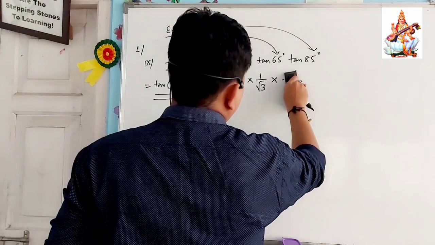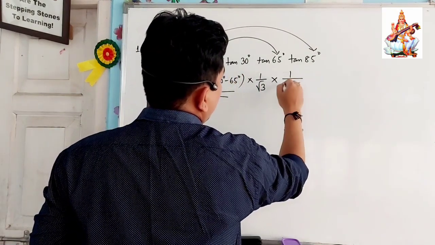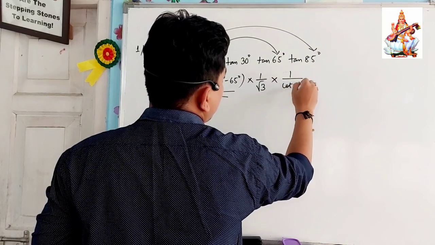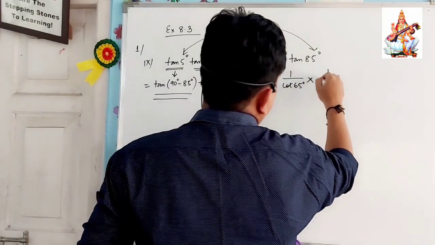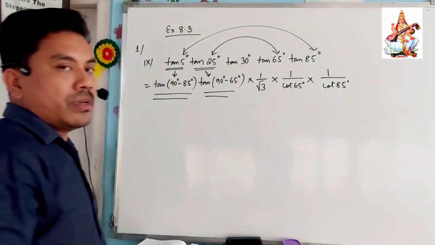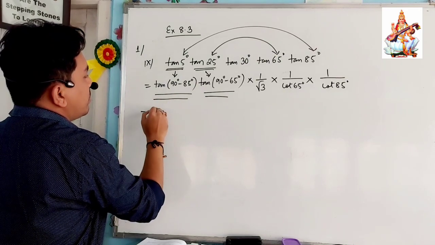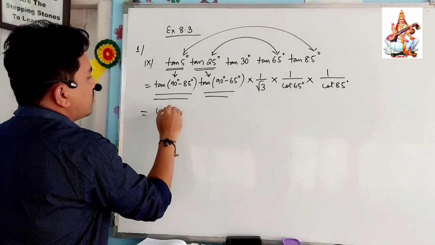Or we can do one thing. In place of tan 65, we can write what? cot 65, 1 by cot 65. And in place of tan 85, we can write what? 1 by cot 85. Can we write? Yes. Okay. Alright. So here, what you will get? tan will turn to what? cot 85.